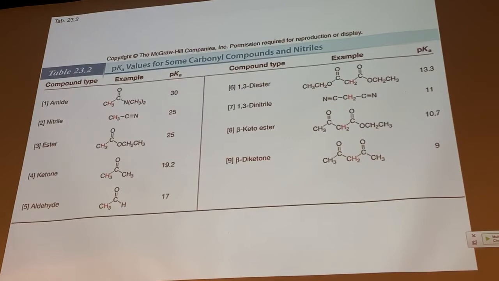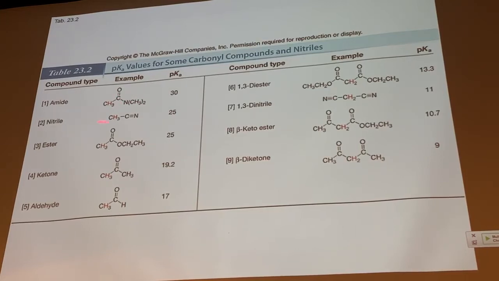Would you deprotonate the alpha carbon? What would you deprotonate? You'd deprotonate the nitrogen instead, right? You'd make a resonance stabilized species from deprotonating the nitrogen. That's not an enolate. So we can only make enolates from tertiary amides, right? So a tertiary amide is the only type of amide we'll see in a pKa table.